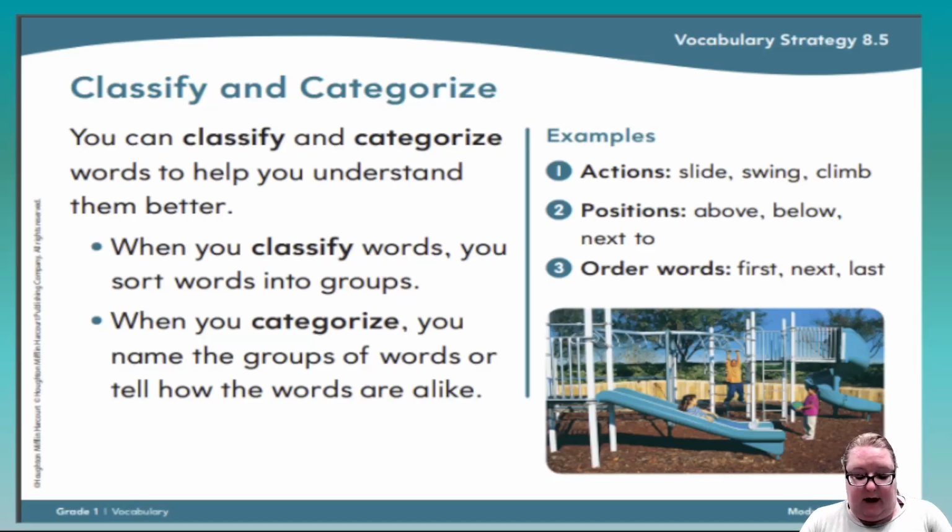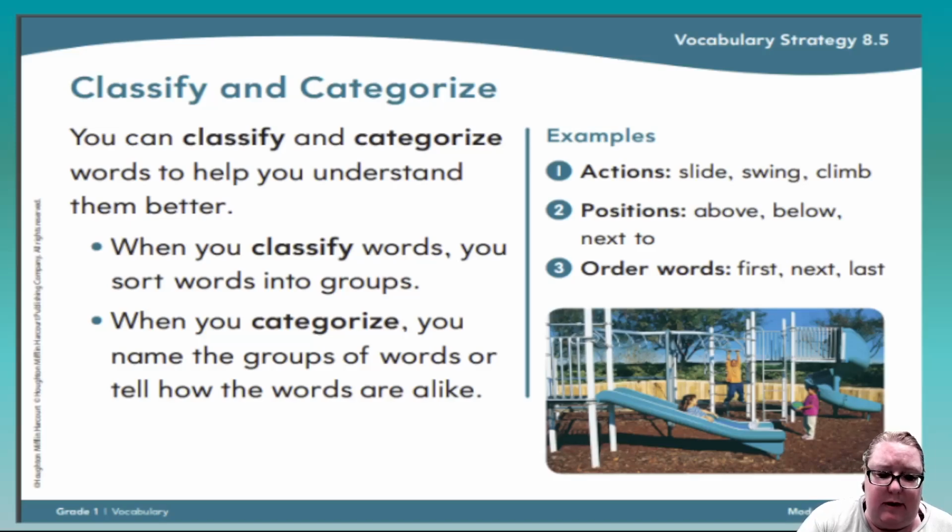You can have those three categories, or you can just have two. I wrote some action and some position words to sort into two separate categories. You can simply do that on just paper with your students. That is the end of reading.